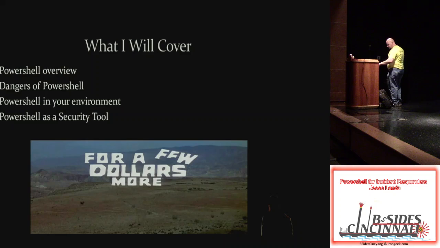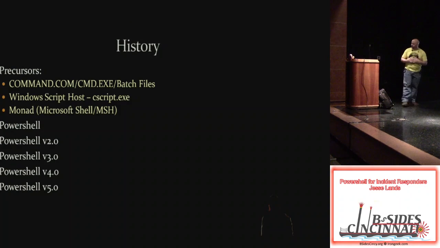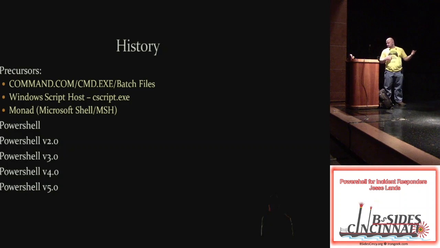So let's start. First, let's talk about the history of PowerShell. PowerShell was first developed in beta format called Monad. I don't know if I'm pronouncing that correctly, and if some of you old ancient guys can let me know if I am. That was in 2005. In 2006, they renamed it to PowerShell. Then the iterations: in 2009, PowerShell 2 came out and was integrated into Windows 7 and Windows 2008 R2.